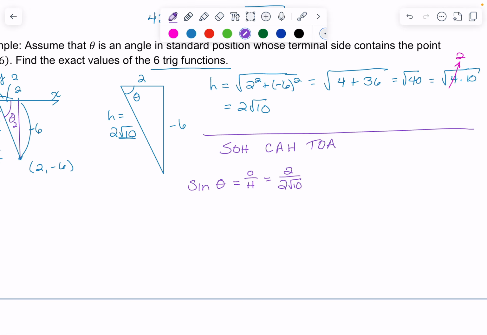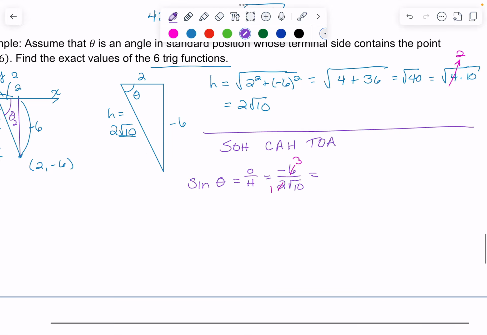Hold on, let's back up. My opposite side is the side that's opposite the angle, so it's equal to -6 over 2 square root of 10. That makes more sense. I was looking at it going, what's wrong? If I reduce that, this becomes a 3 and this becomes a 1. And so I'm going to get -3 over root 10.